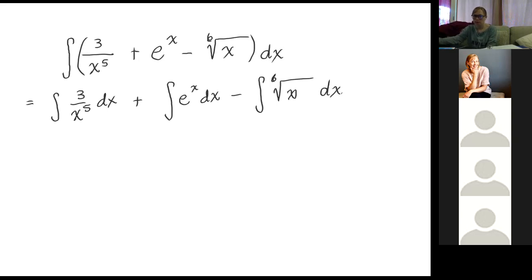Okay. I don't have a rule for antidifferentiation that allows me to take the antiderivative of something divided by something. So I need to somehow rewrite this to where it fits the form of one of the rules that I have. It's kind of an important point.